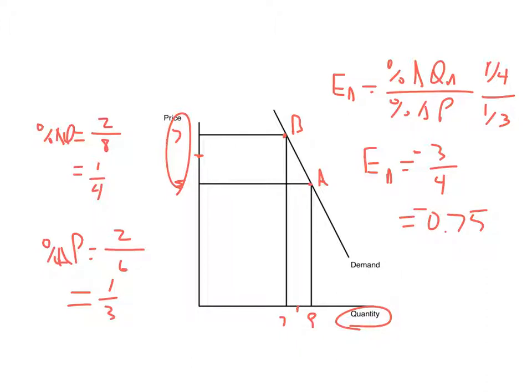So price elasticity of demand for this demand curve, at least over this range from A to B, is negative 0.75. And again, that negative sign reflects the negative demand relationship between price and quantity demanded.